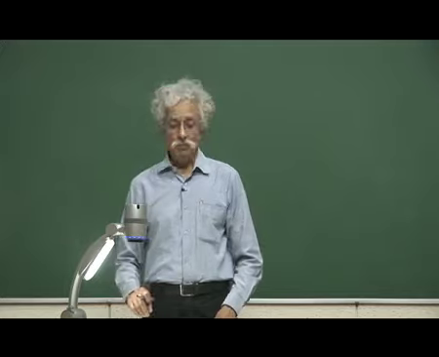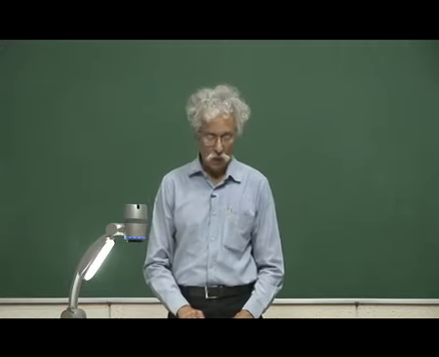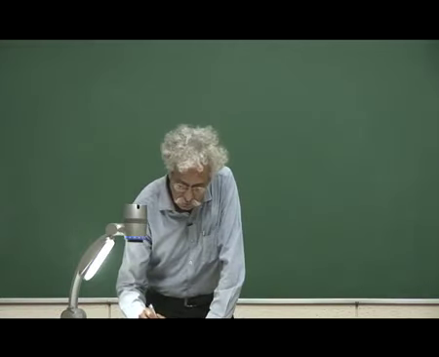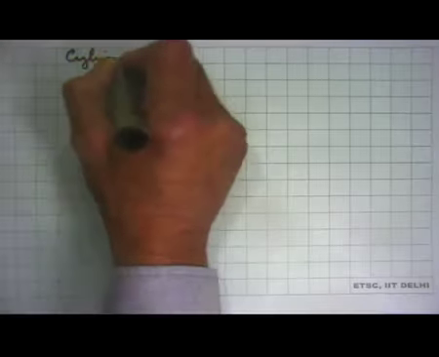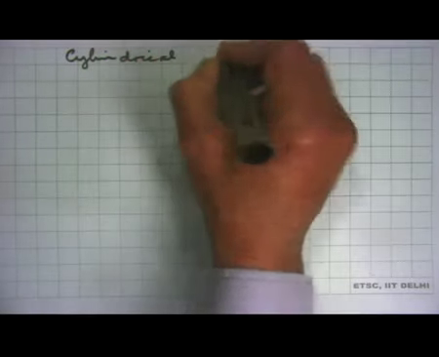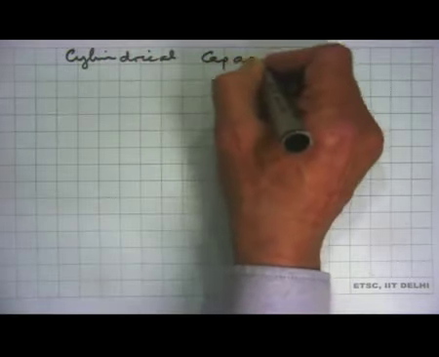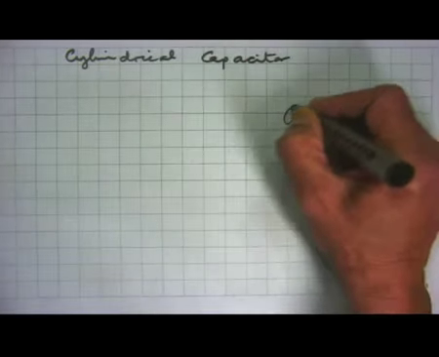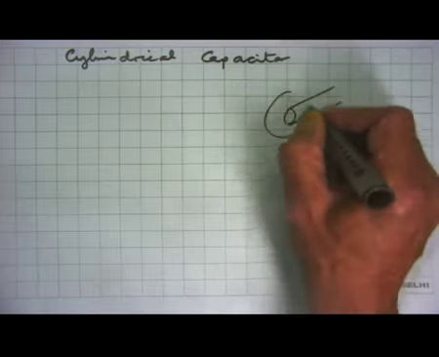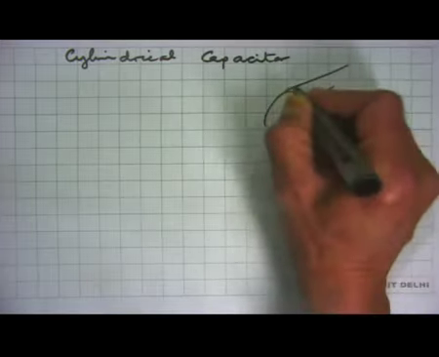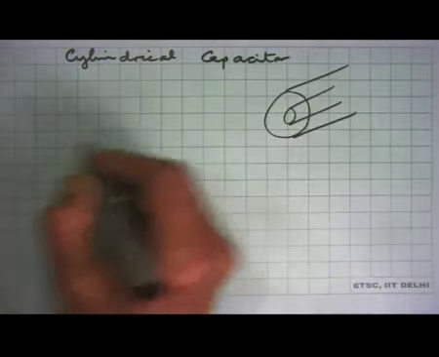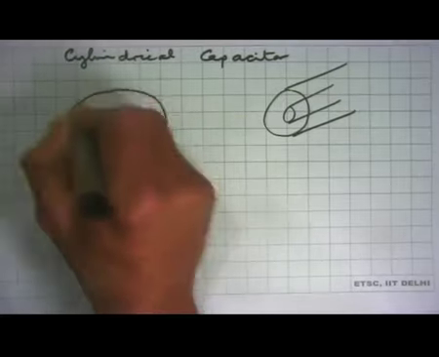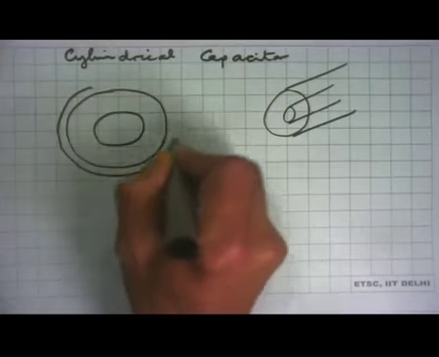Now, today what I want to do is to discuss some more examples of capacitance, and as the next example we will take a cylindrical capacitor. You can imagine a central conductor surrounded by another conductor in the form of a cylinder. If I draw the cross section, I have the central conductor here and the outside conductor. Let me draw the thickness of the outer conductor here.